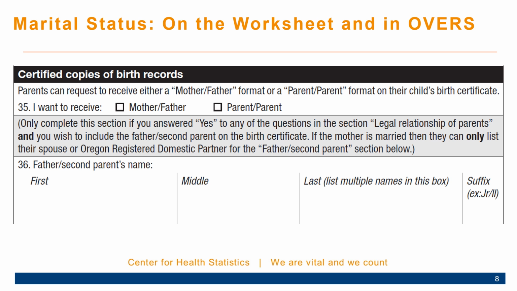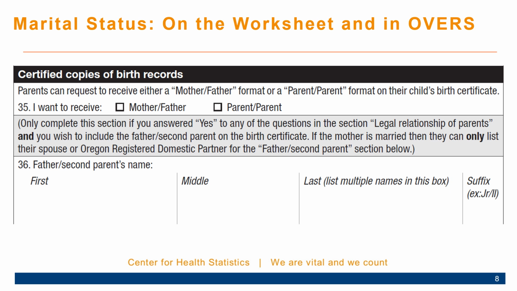The marital status on the worksheet. The wording in this section can be a little confusing. What this section is essentially saying is that only if the parents are married should the father's information below be entered as is into the OVERS system.